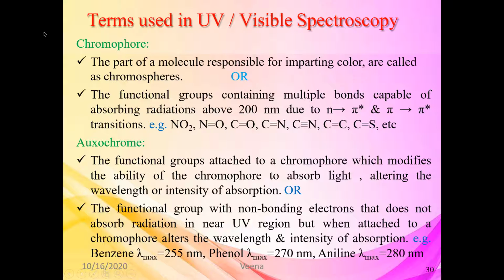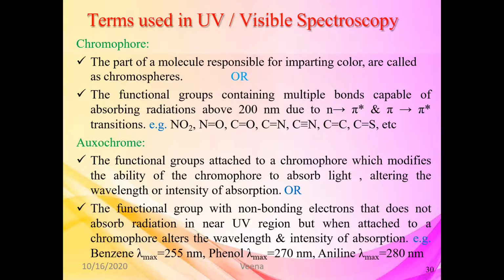So now we shall see the terms used in UV-visible spectroscopy. These are some of the terms frequently used to describe the nature of a UV spectrum. The first one, chromophore. I think I already explained this term in the topic on dyes while discussing Witt's chromophore-auxochrome theory.